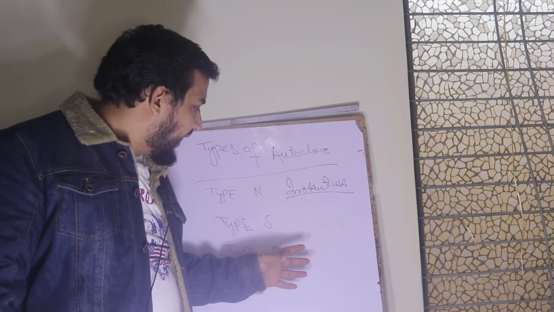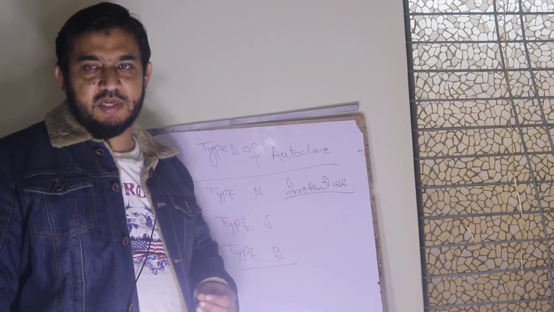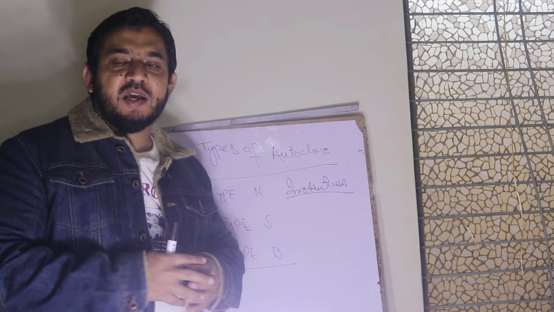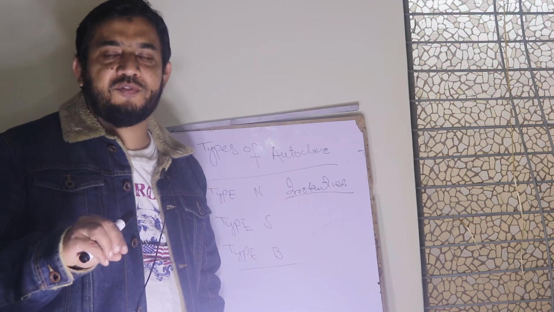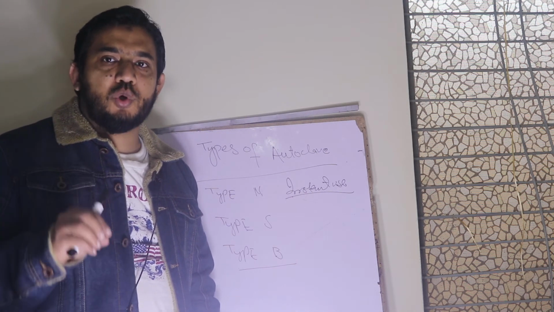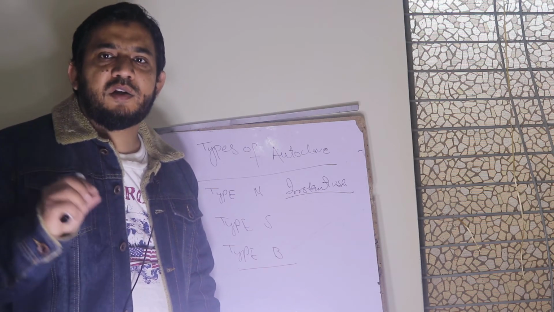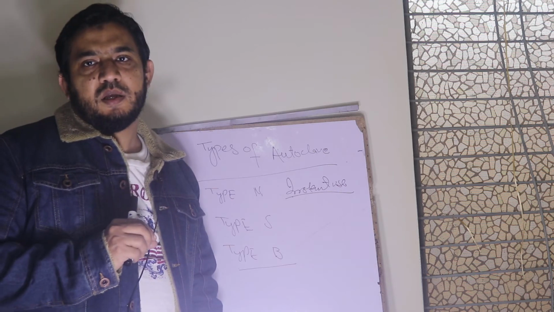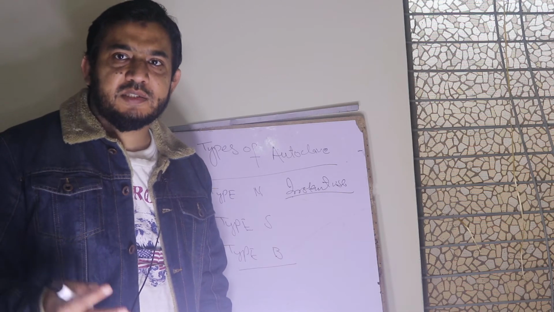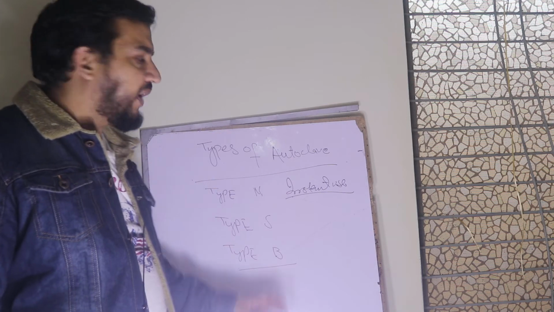So the B class autoclave is the best for the sterilization process, and it is recommended for dental surgery and for other surgeries as well. Whenever you open your clinic, try to purchase a B class autoclave, but due to its expense, sometimes you are unable to, so at least try to go for S class.